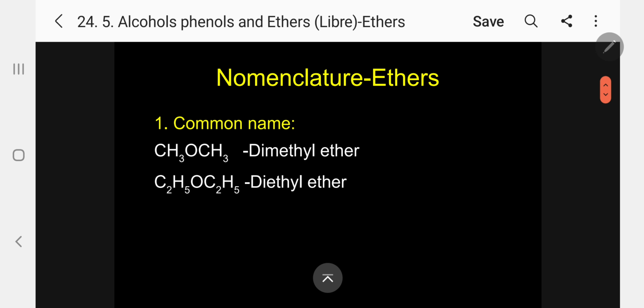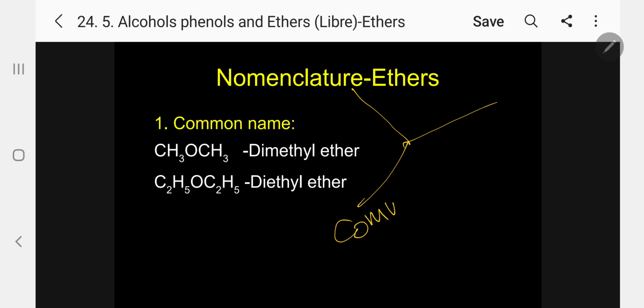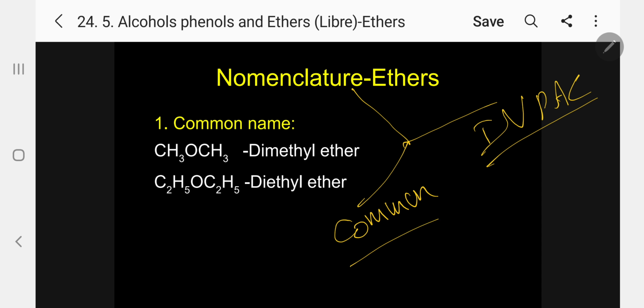Coming to the nomenclature of ethers, as usual we know nomenclature we can give in two ways. One is common name. Another is IUPAC. So, in each and every chapter of organic compounds, we are giving this idea.